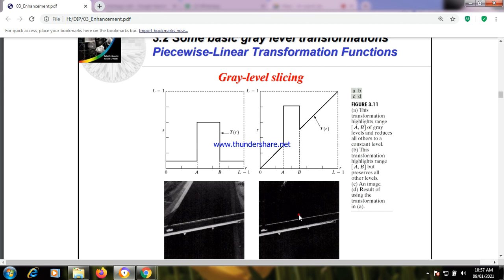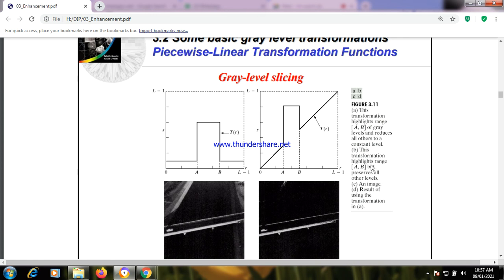In gray level slicing, what we are doing is highlighting the range AB only. This is the range of intensities in the original image. We are highlighting only this AB part, right?